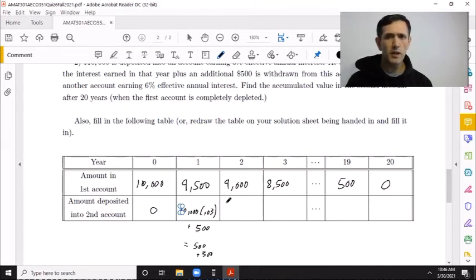Here you take the year's amount, take interest from that year's amount. So it's 9,500 times 0.03 plus 500. That's going to be 500 plus 285, et cetera, et cetera.